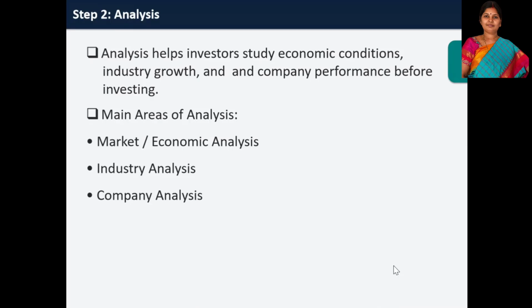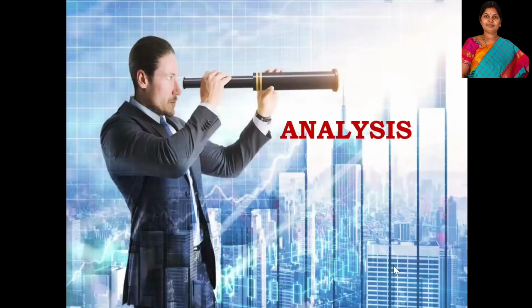Next, to know about the performance of the company, we will make a company analysis. This we will discuss in detail. So like this, we have to analyze the economy, industry, and company to have good knowledge about our investments. So this is called what? Fundamental analysis.